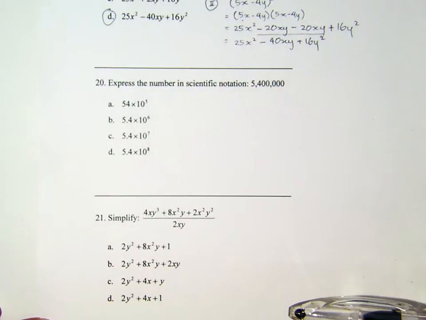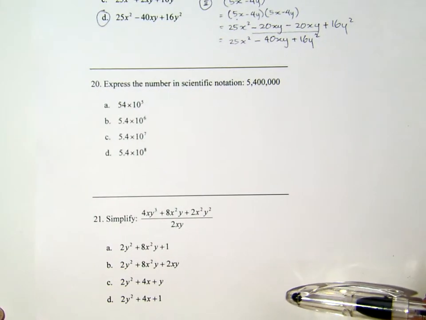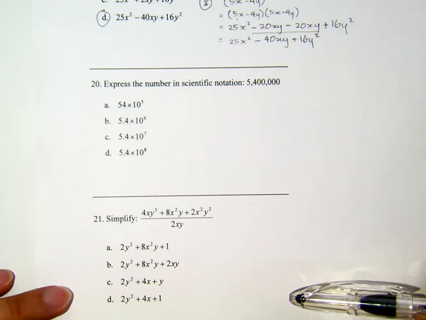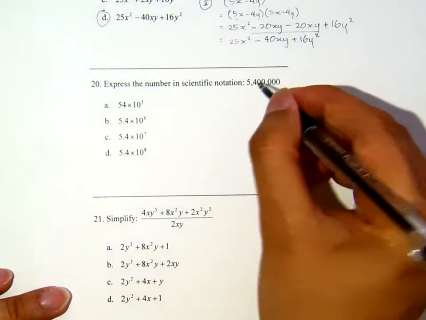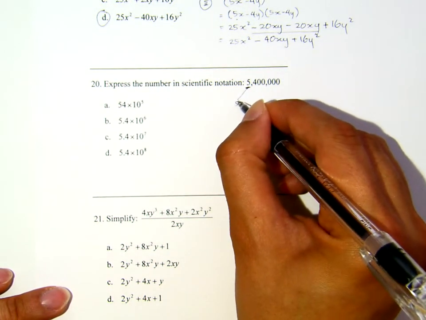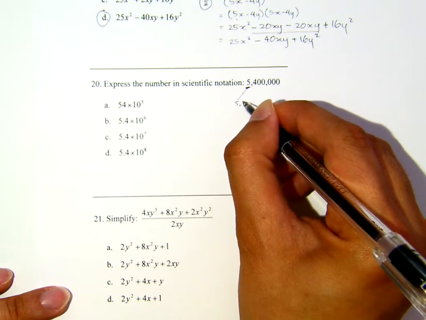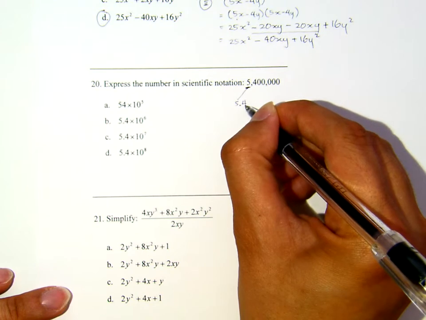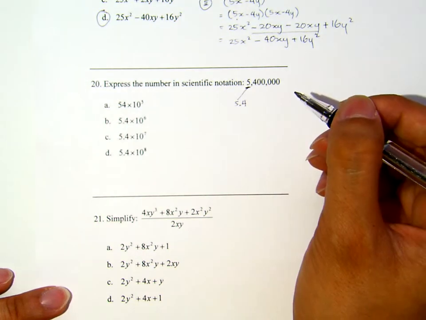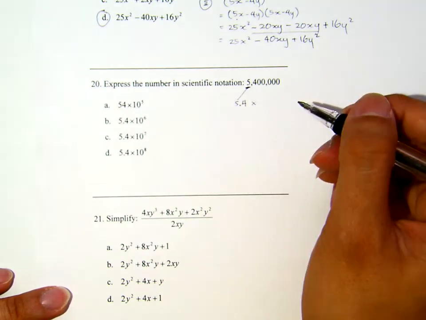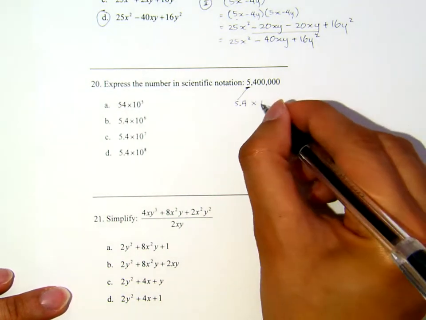Number 20, express the number in scientific notation. We have 5,400,000. To break it up into scientific notation, I take the leading number followed by a point and all the non-zero digits after that, multiplied by the place value of the leading digit, which is 1 million.